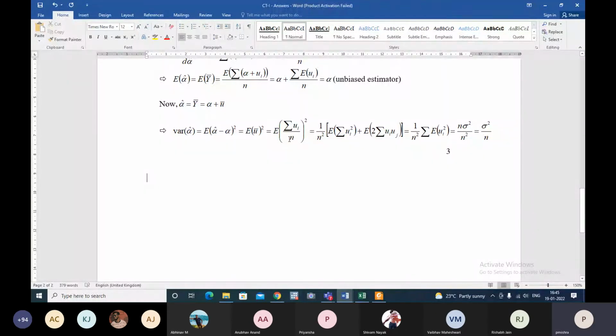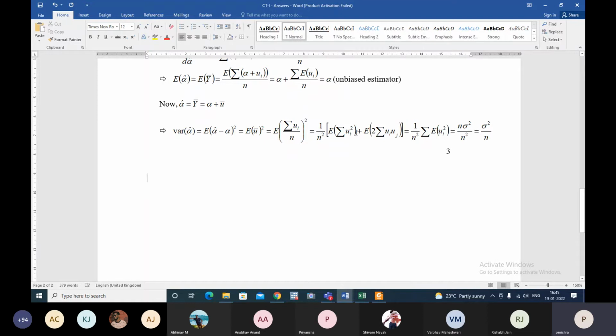Then this n will come out of the mathematical expectation and it would be n square. So it is 1 by n square into, as I discussed with you yesterday, suppose this is u1 plus u2 whole square. Then what it will be? u1 square plus u2 square plus 2 into u1 u2. That is what I have written here.